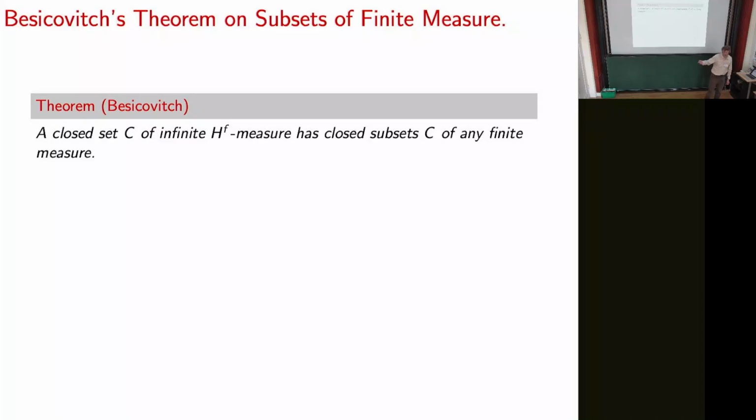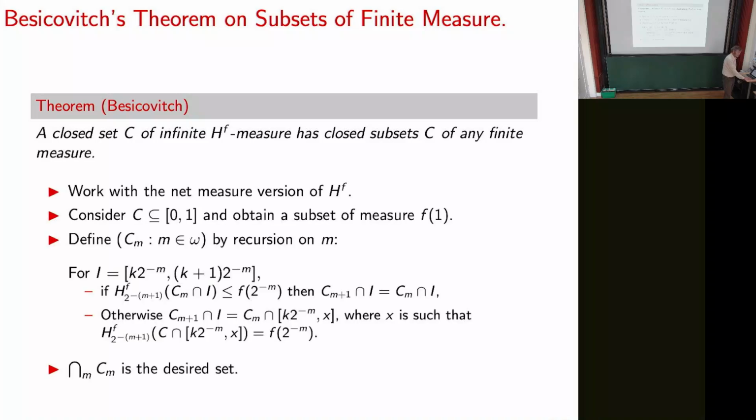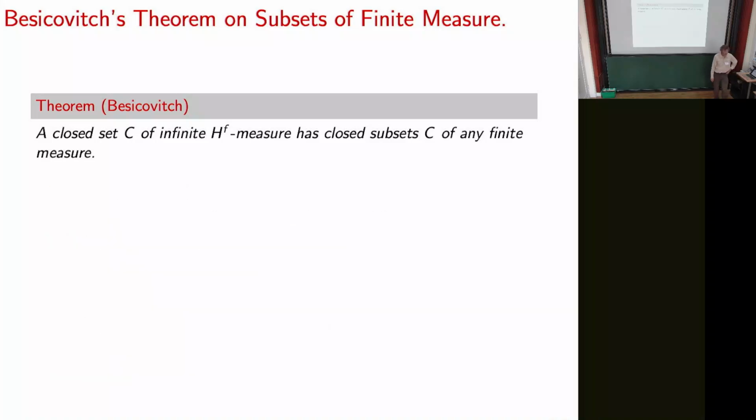Because if you were in a set of finite measure for HF 100, you're in a null set for HF 99. So finite measure is useful for us. In the interest of time, I'll say very little about the proof. Just remember that you can thin a closed set of infinite measure down to something of finite measure. Okay, so that's step 2.